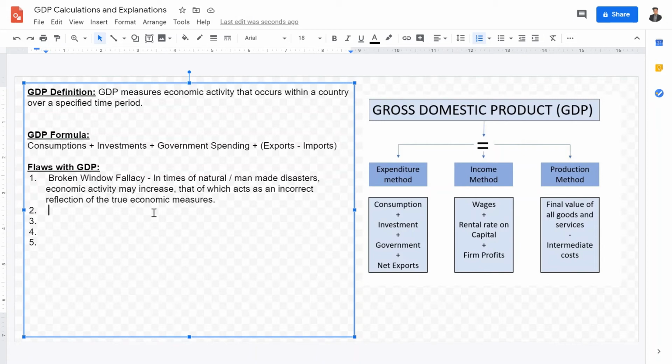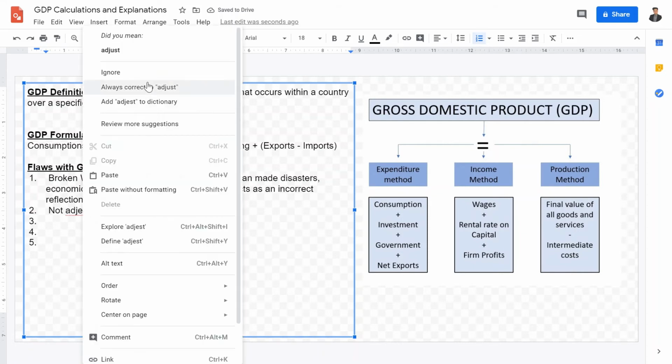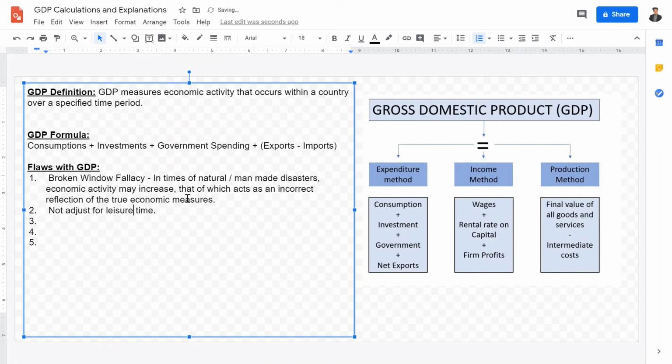The next one I want to talk about is that GDP does not adjust for leisure time. Now, what do I mean by GDP figures do not adjust for leisure time? For example, country A's citizens work 80 hours a week, but country B's citizens work only 50 hours a week.